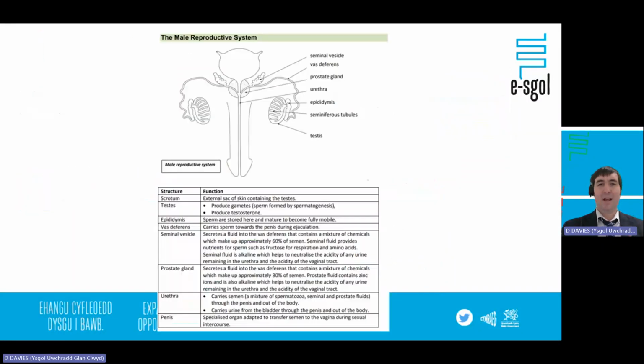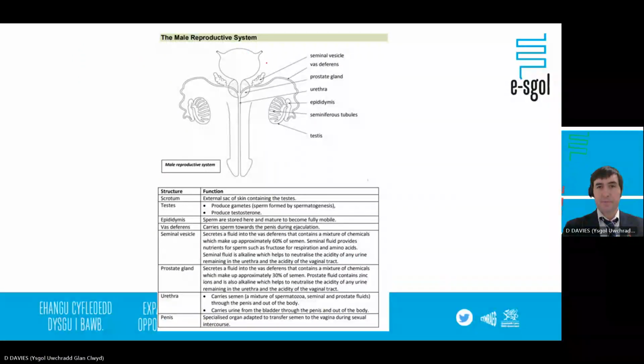The first part of the unit is basically structure and function. This is a matter of learning. If you stick this diagram in the 2/3 of your page, there's labeling, so you need to make sure that you get that labeled correctly.